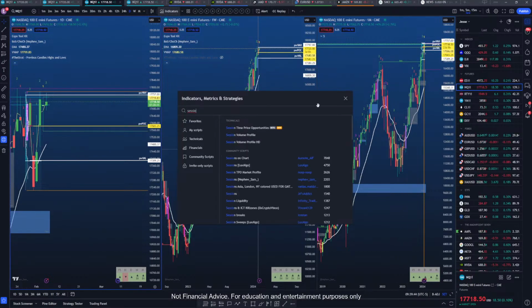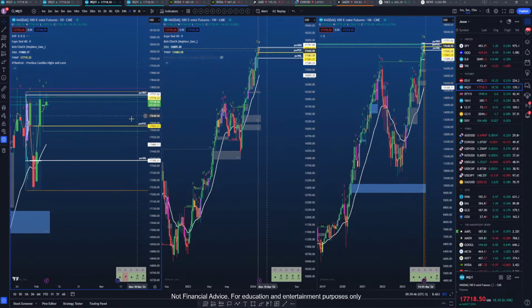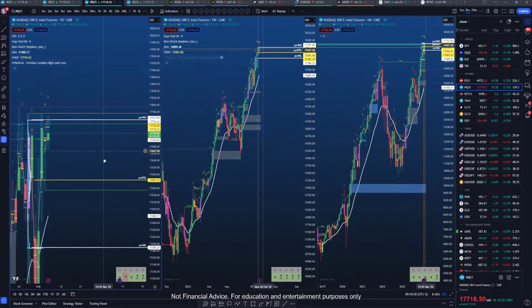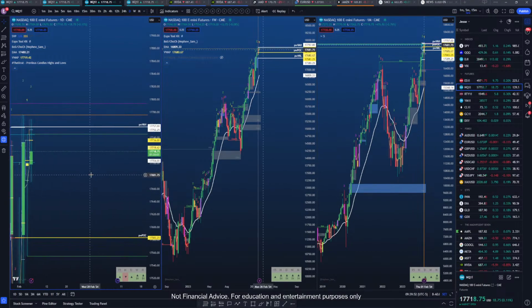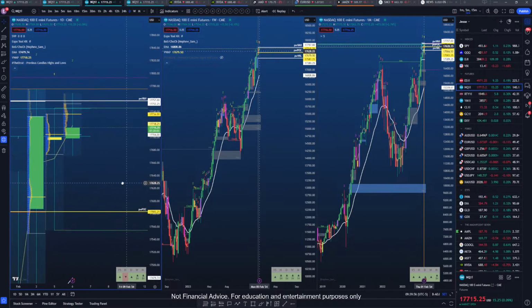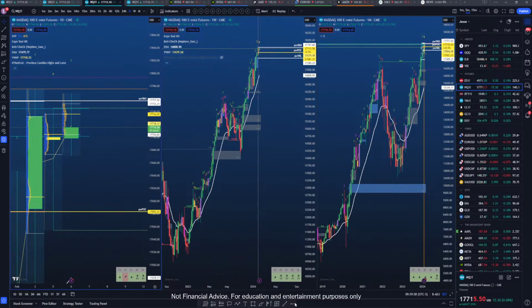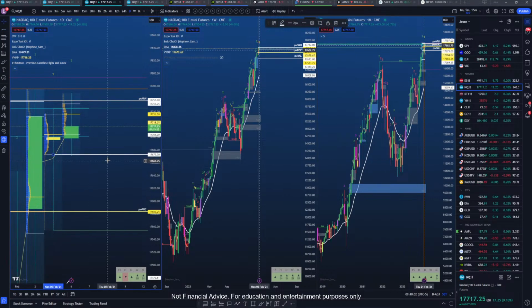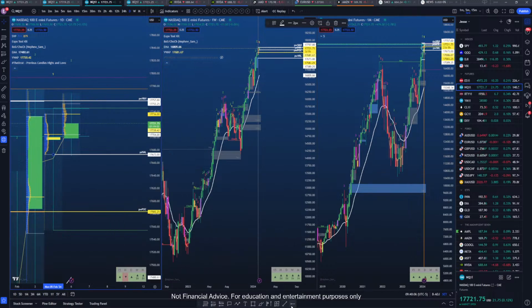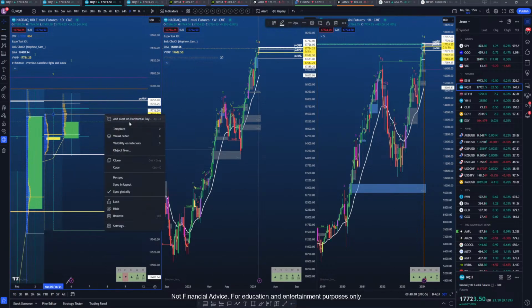Session volume profile. Okay. So yesterday, here's the value area low. Here is value area high, which is also current day.